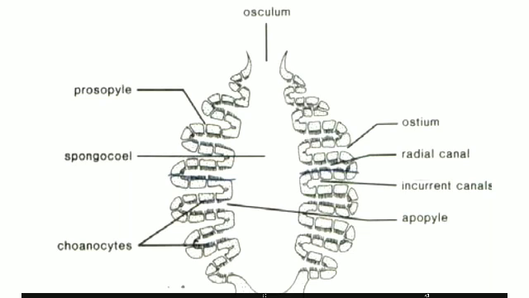This excurrent canal enters the spongocoel by means of another opening called the apopyle. Through the apopyle it opens into the central large cavity, and through the osculum the excess water exits outside the body. Okay, right.